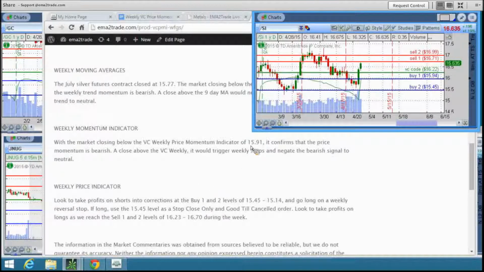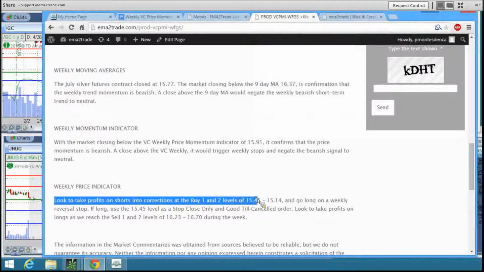But before we did that, let's take a look at the market here, telling you that if it came down below 1591, look to buy 1 and 2 levels of 1545 to 1514.